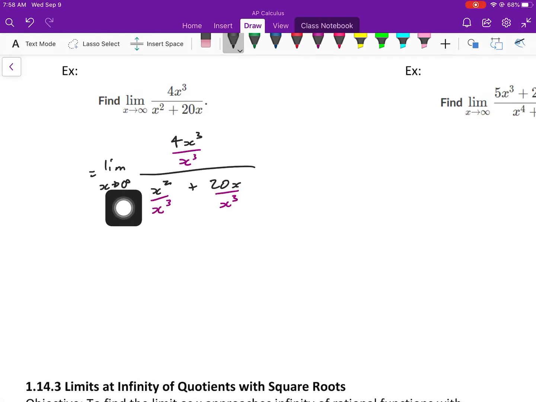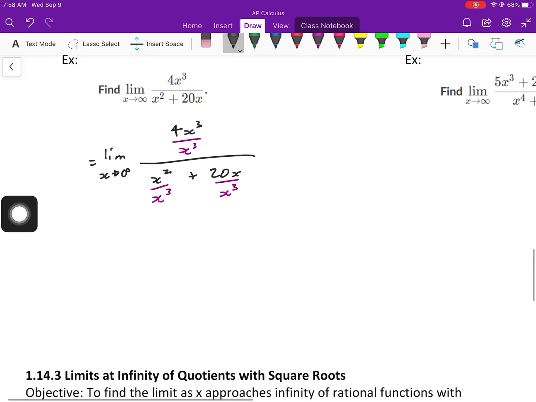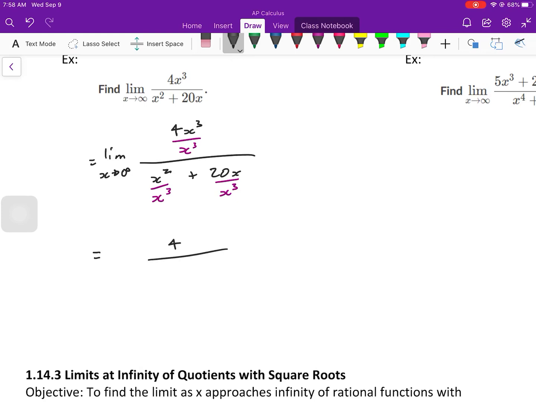And sometimes these will say negative infinity, but when you divide by negative infinity, still it's going to go to 0, just as the other one did. And so when we simplify this, that's going to leave us with 4 on the top, and then 1 over x, because x squared over x cubed, plus 20 over x squared.